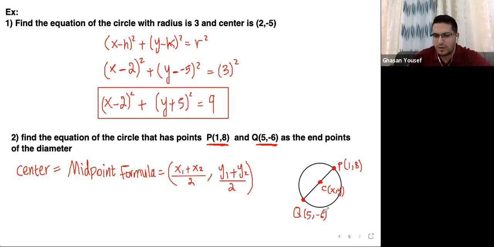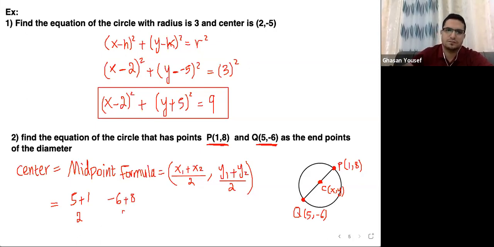My y1 is -6 and my y2 is 8. Here I get the answer, you get 3, 1 for the midpoint. This is correct. Let me plug in all the points. So x1 again is 5 plus 1 over 2. Second point is -6 plus 8 over 2.